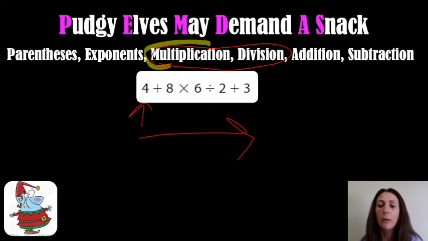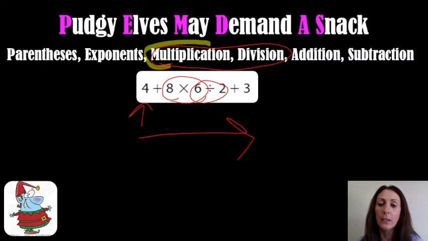It's that you solve multiplication and division moving from left to right. So in this problem, you can see I have 8 times 6, and then I have 6 divided by 2. I'm moving from left to right, so the first thing I'm going to do is solve the 8 times 6. Then I'm going to continue moving right.